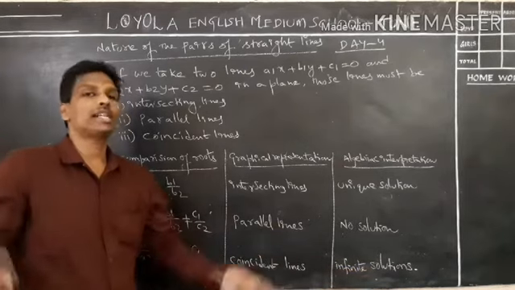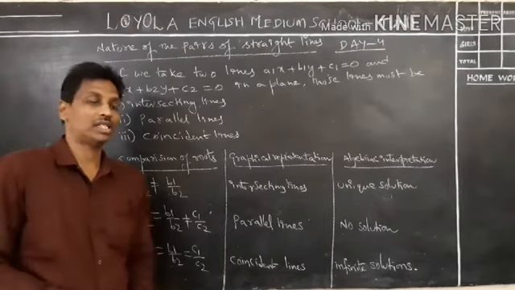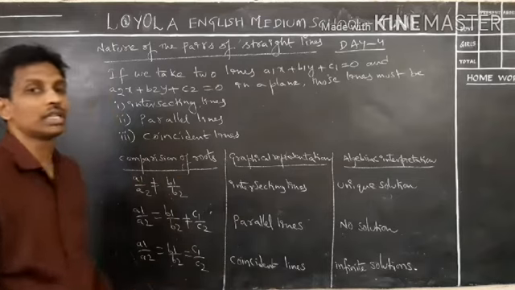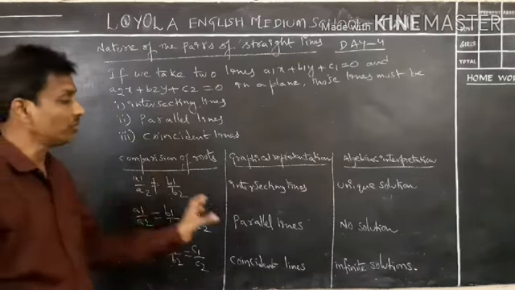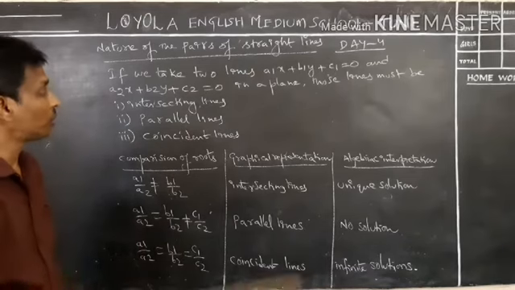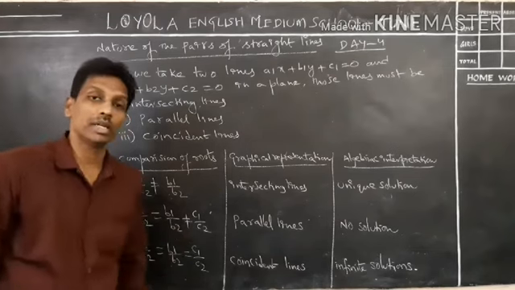There will be infinite solutions, not only one solution. Before going to the graph, we need to discuss this table. If we are thorough with this table, then we are able to do graph problems. So let us note down this part in your CW.